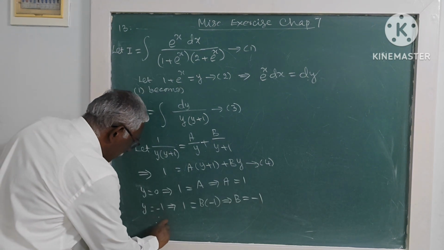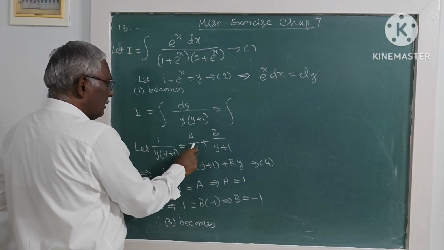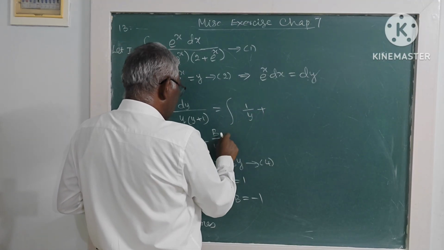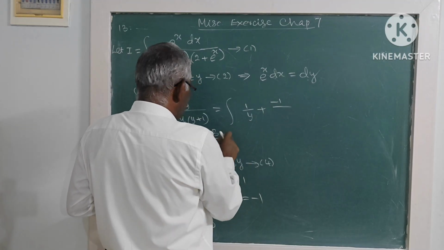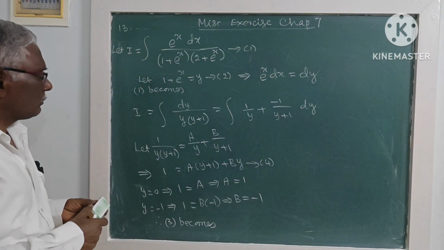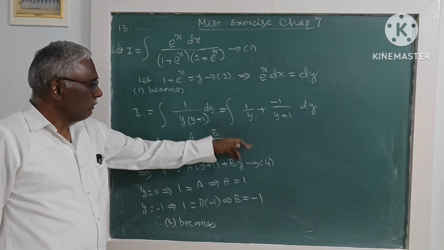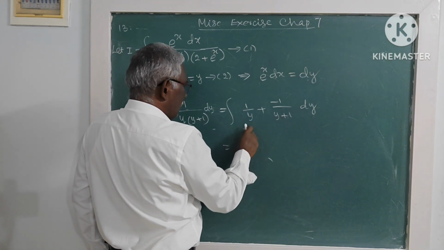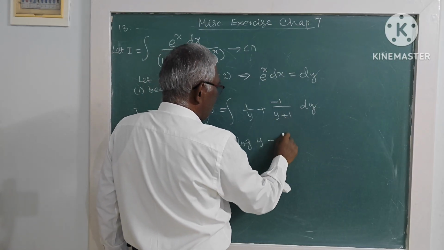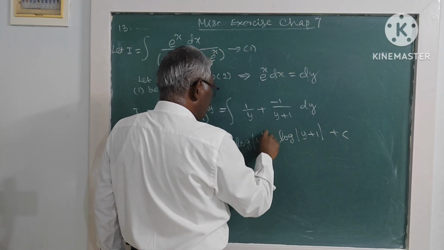Therefore, the integral is 1 by y into y plus 1, which we have written like this. a is 1, so 1 by y, plus b is minus 1, so minus 1 by y plus 1, dy. So this is log y, we'll take the minus outside, minus log of y plus 1, plus constant.